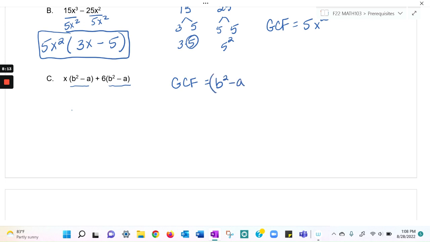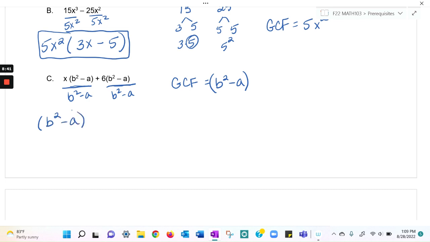And if you want, you could put parentheses around it so it looks exactly the same. And so if we put each of these two terms over b squared minus a, and again, if you want, you could do the parentheses around it, we can see what factor we're going to have left over. So b squared minus a is going to come out front, and it does need a parentheses when you write it factored out.